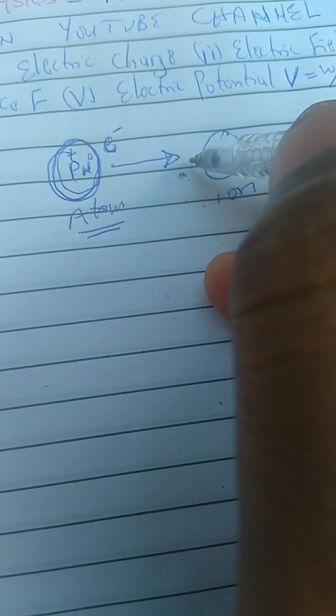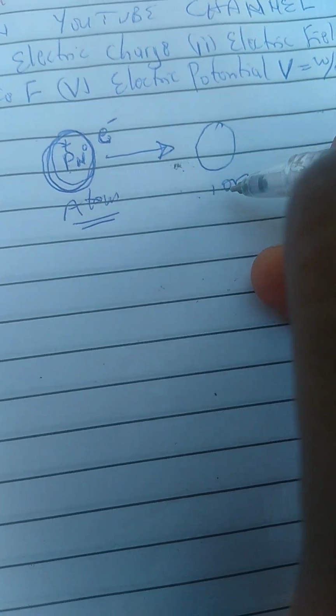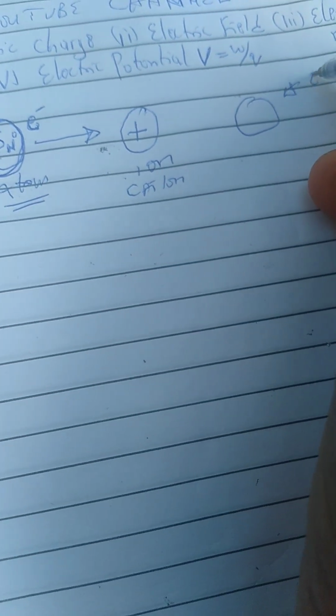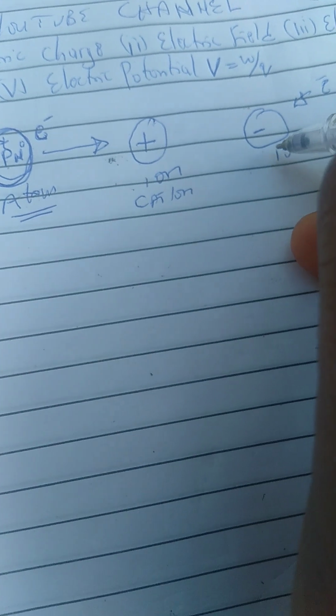If it is loss of electron, the net charge on this ion will be positive, and this particular positive ion is called cation. Now, if this atom gains electron, the net charge on that atom will be negative, and this negative ion is called an anion.